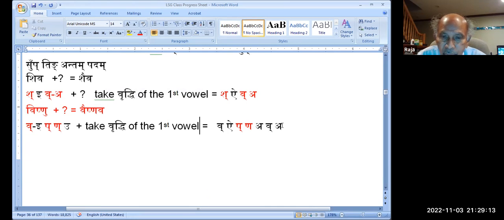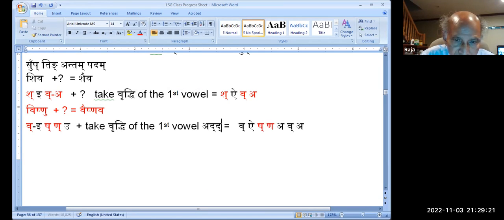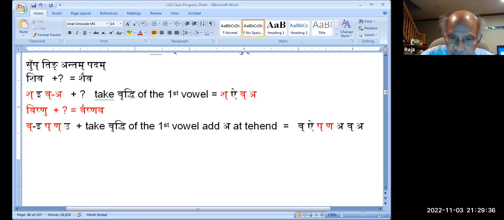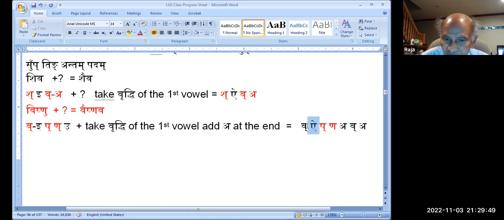So what I have to do is, I can say, take the Vruddhi of the first vowel, then add A at the end. Plus you have to do some more. It's not over. When you do the Vruddhi of the first vowel, this part comes.